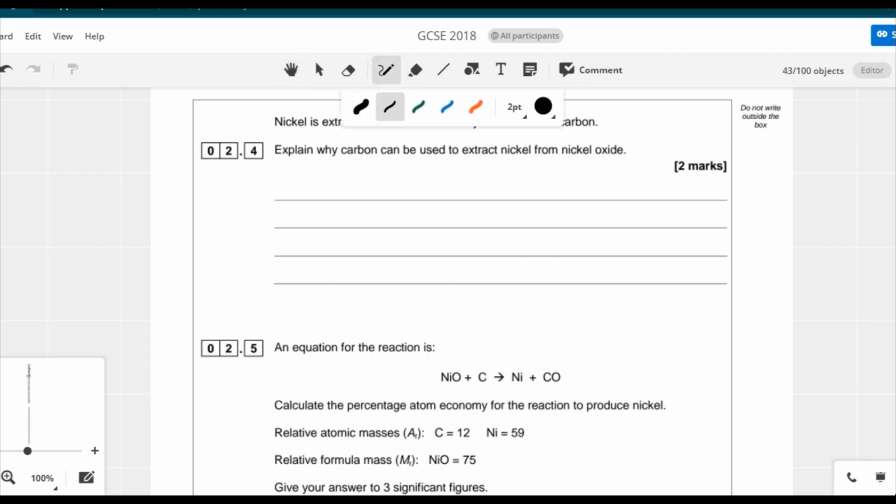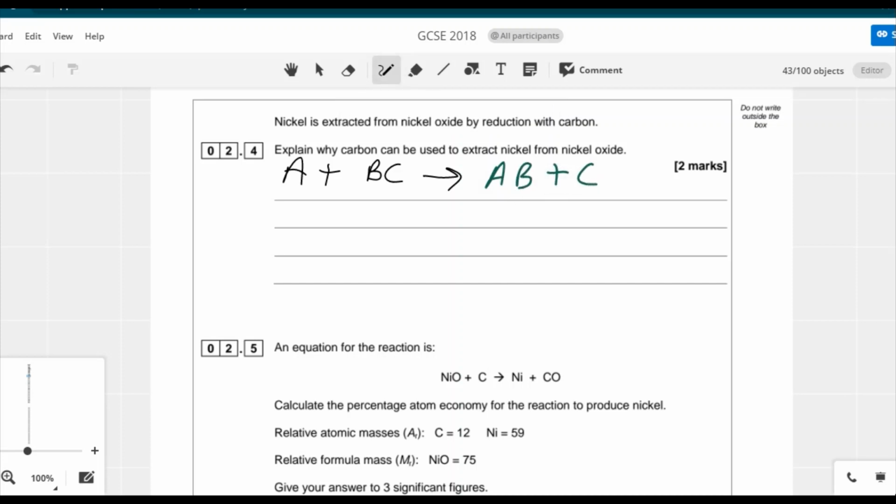Because that is a displacement reaction, or replacement reaction, in which, for example, A is going to react with BC to form AB plus C. In this case, we are going to use carbon for the extraction of nickel from nickel oxide.